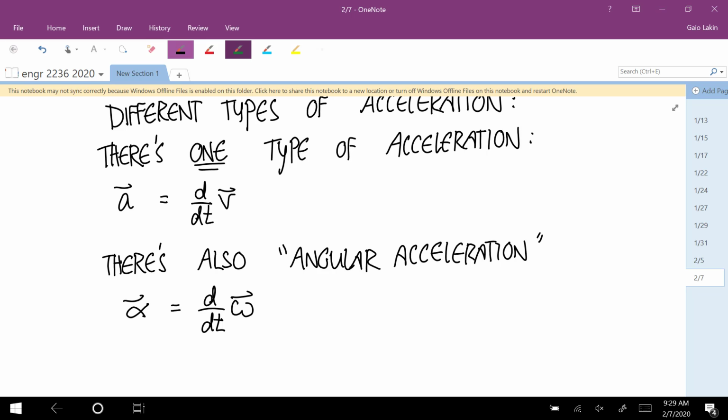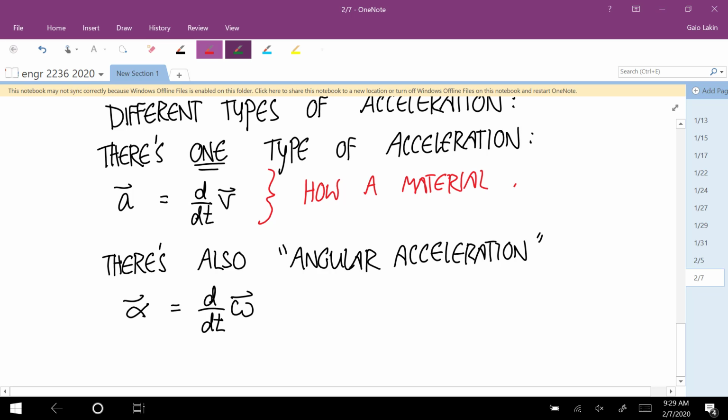So this one describes how a material point moves. This one describes how a rigid body's orientation changes.